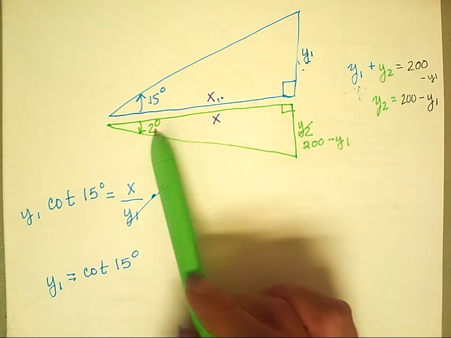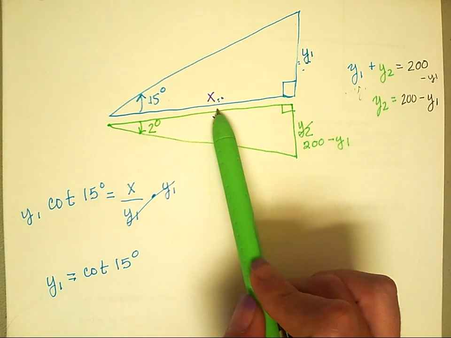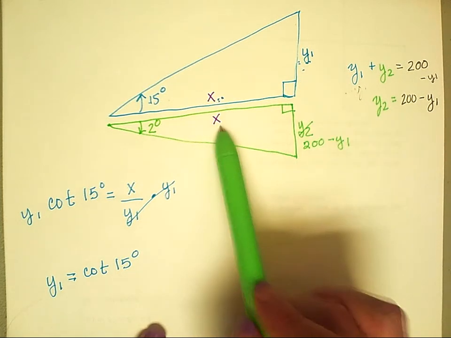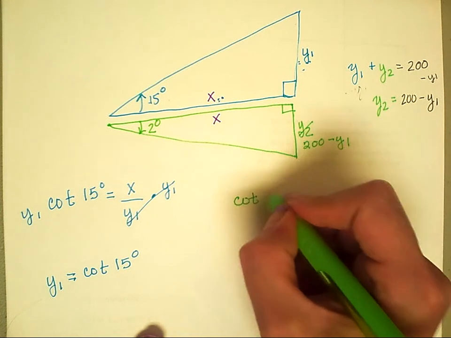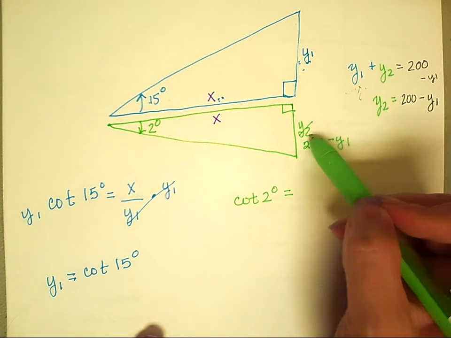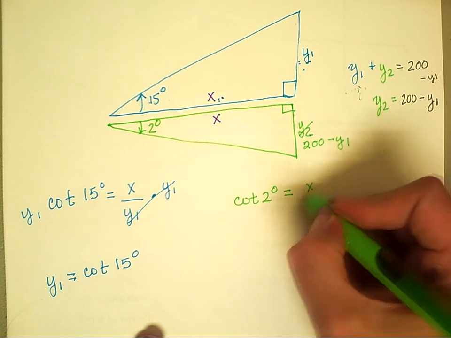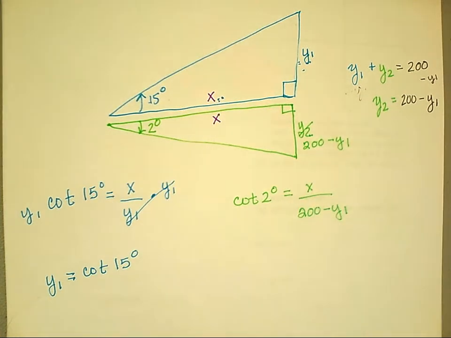Now over here, opposite over adjacent, right? So did I do that right? Opposite over adjacent. Yeah, opposite. So we want to do the same thing. We'd like to look at the cotangent of 2 degrees. Okay, so if the tangent is the opposite over the adjacent, this is x over 200 minus y1.